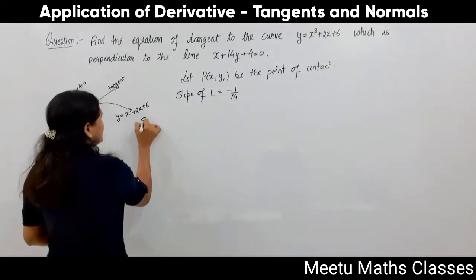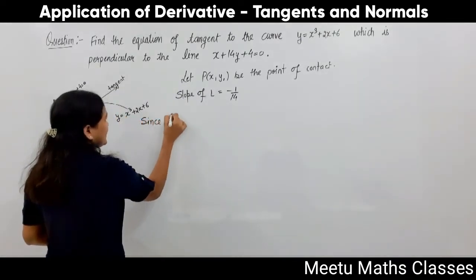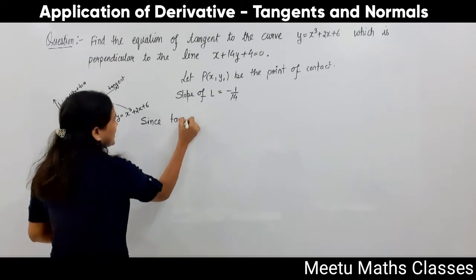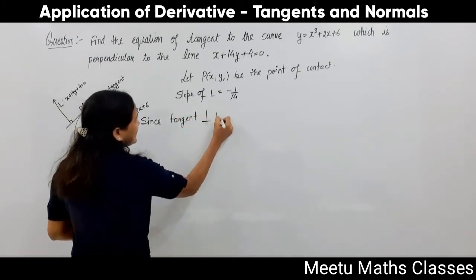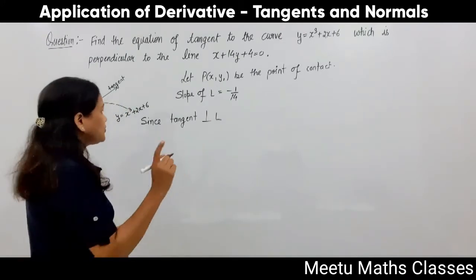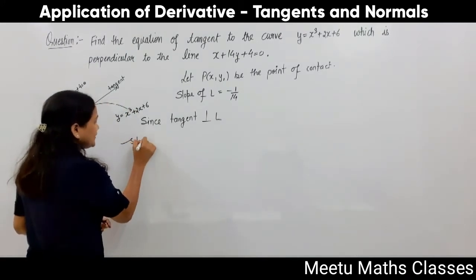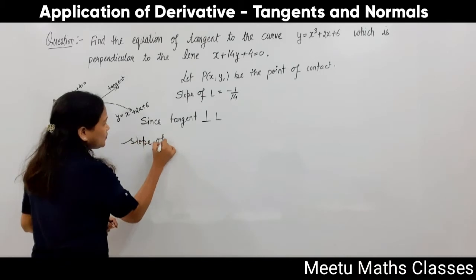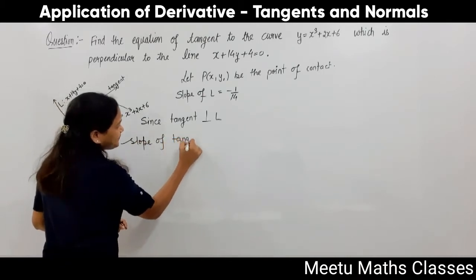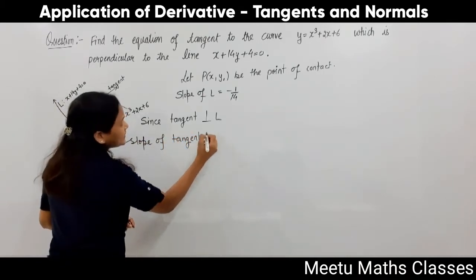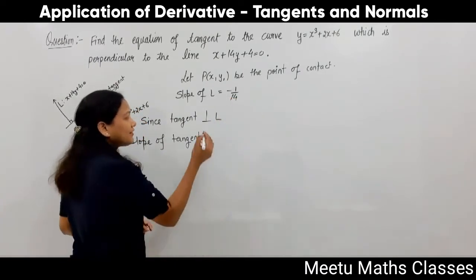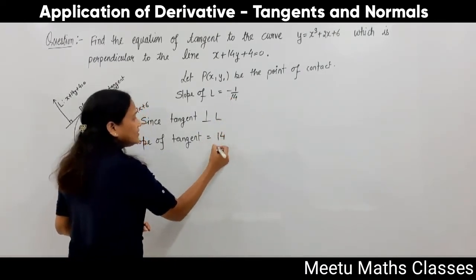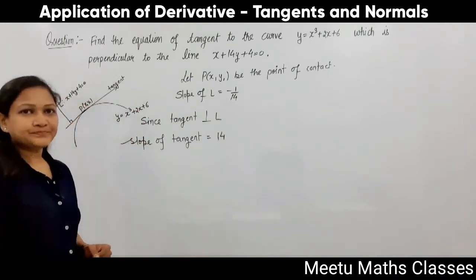And since your tangent line is perpendicular to the line L, the slope of tangent will be equal to, you take the reciprocal of L's slope and make it negative, then you will get the slope of tangent.